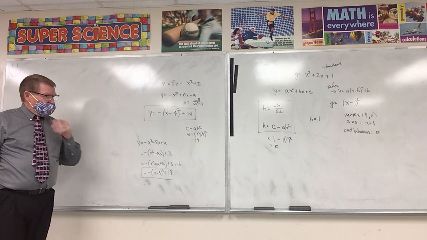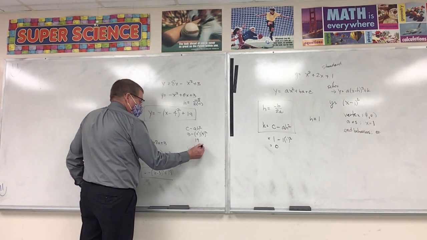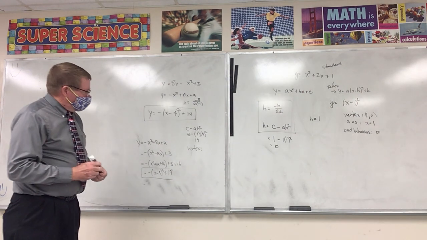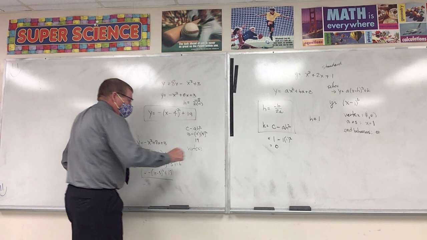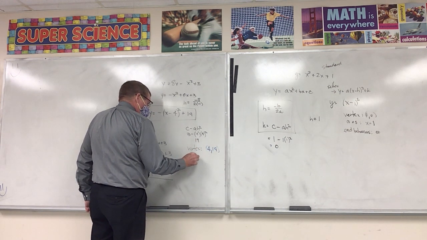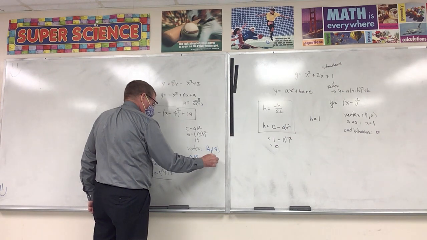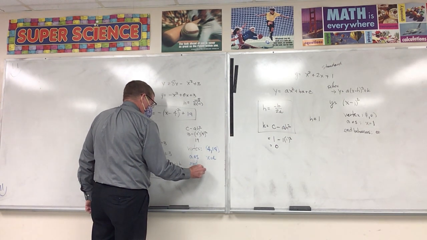In this case here, what's my vertex? The vertex is 4, 19. The axis of symmetry is x equals 4. The end behavior is positive infinity. Think about it. Where's the opening? No, it's not.